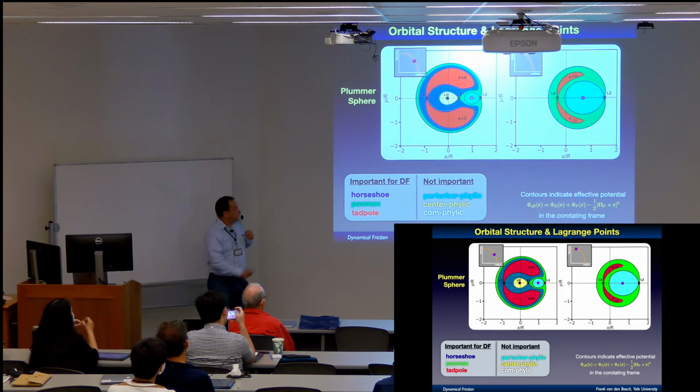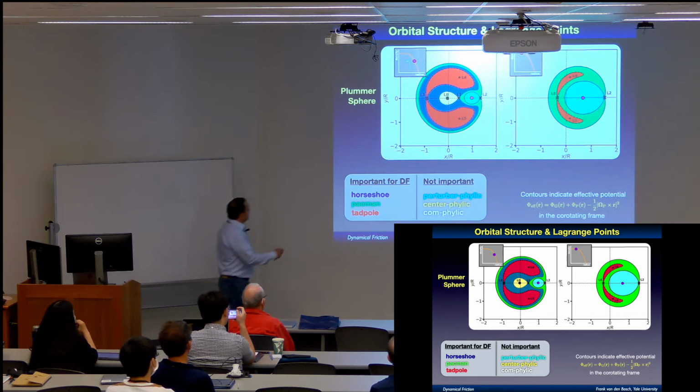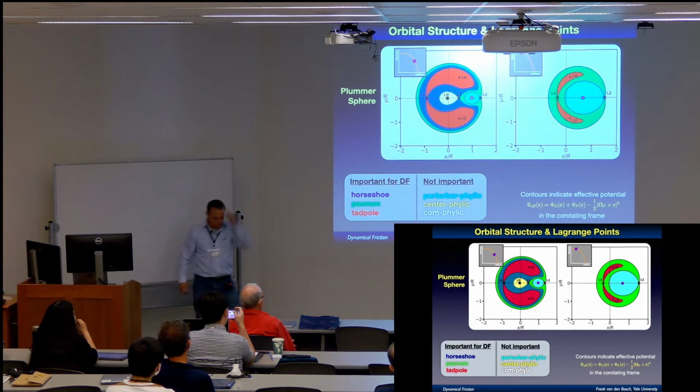So the tadpoles are color-coded in red, the horseshoes here are in blue, the Pac-mans are in green, and those are the three orbits that contribute to dynamical friction. This is the case for when I have a cored potential and a perturber outside of the core. I'm dominated by tadpoles and horseshoes, and they contribute friction.